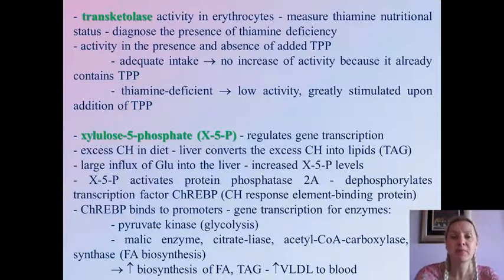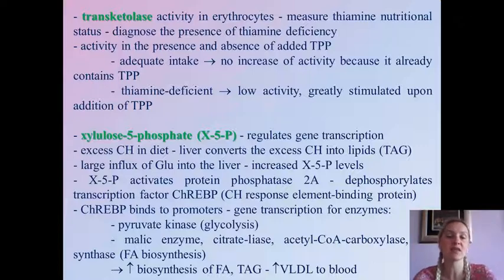Increased X5P is going to activate protein phosphatase 2A, and this enzyme is going to dephosphorylate one transcription factor, ChREBP, or carbohydrate response element binding protein, which is actually going to bind to specific promoters which are going to start transcription and upcoming translation for enzymes.